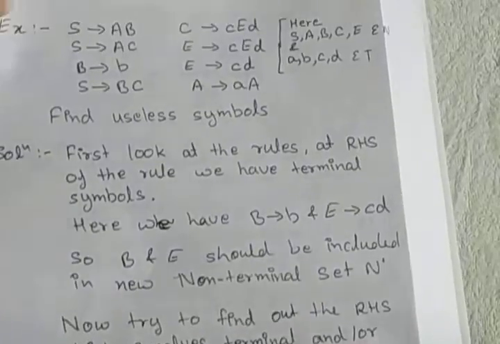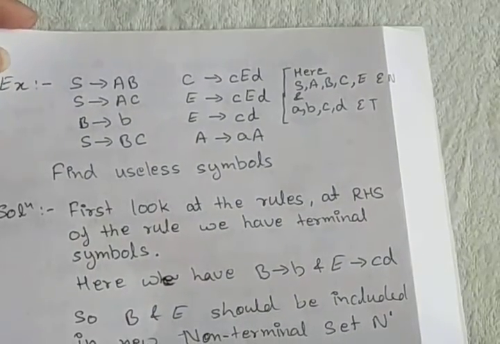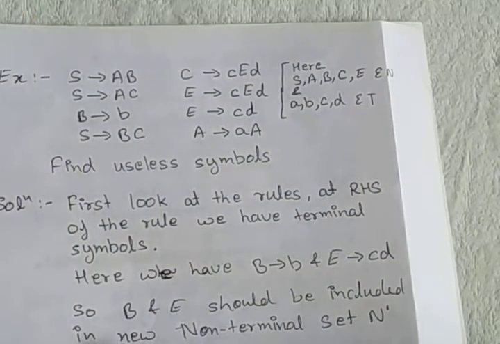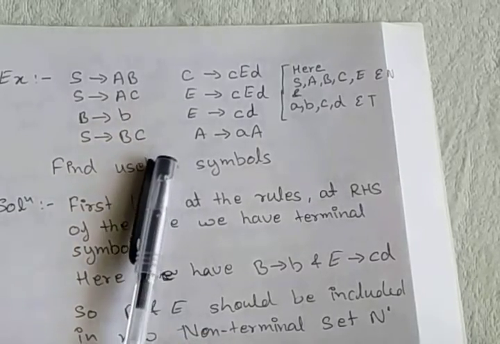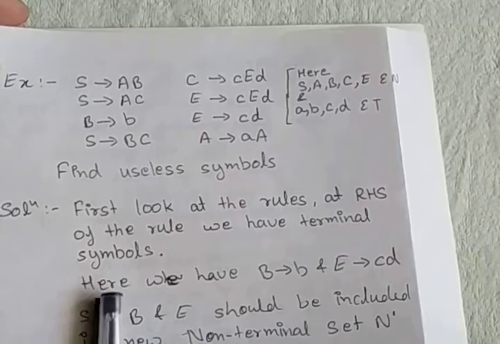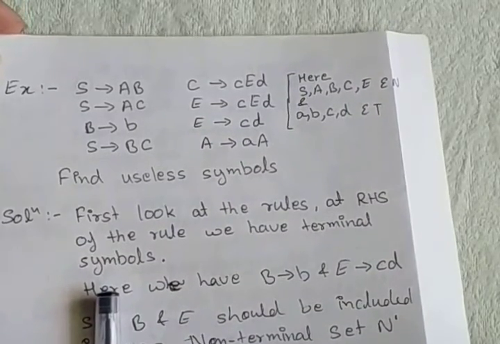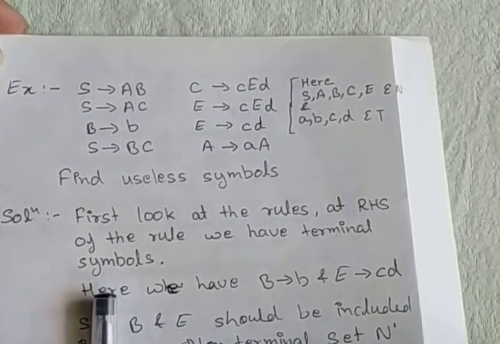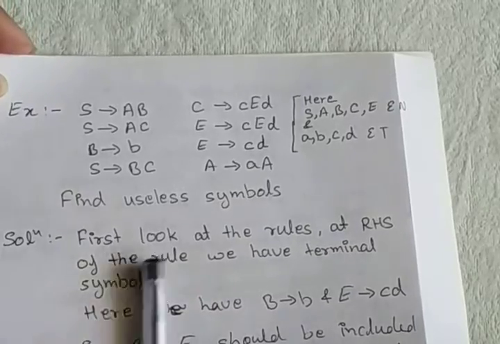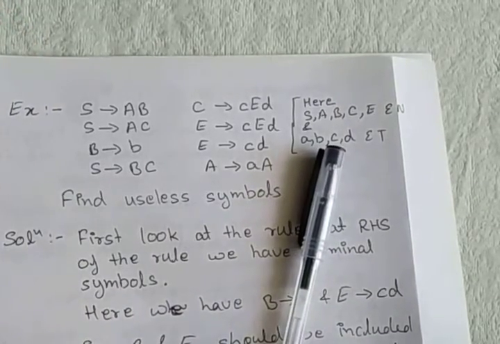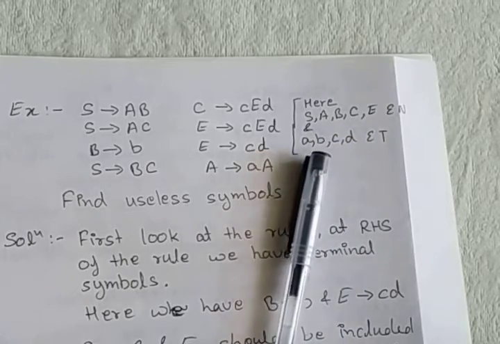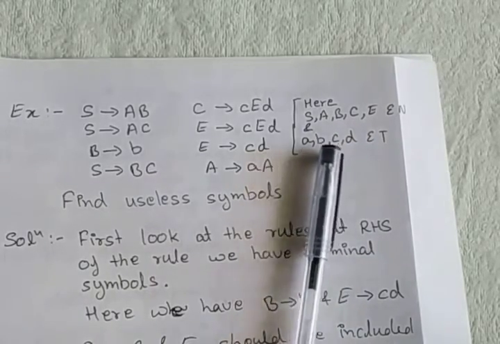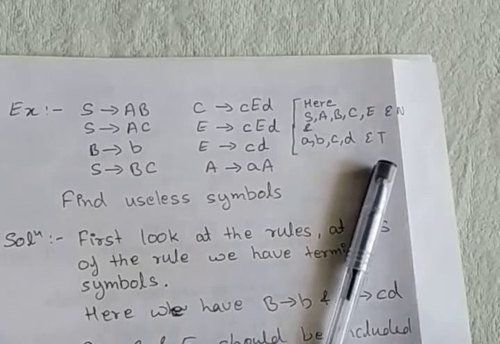Now let's take an example. Let's consider this example: S derives AB, S derives AC, B derives b, S derives BC, and so on. These are the rules, and we need to find the useless symbols to remove them. Here A, B, C, E are non-terminals, and small letters a, b, c, d are terminal symbols.